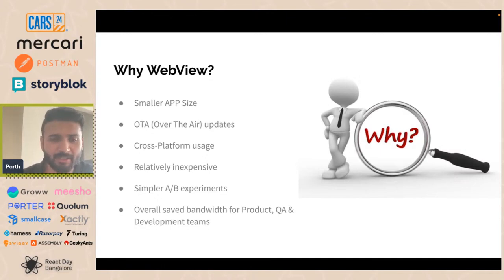Even if the frameworks are really evolved, even if there are so many different frameworks to choose from, I still think the core API which the OEMs provide works the best. And using all these things not only saves bandwidth for the engineers, but also saves a lot of bandwidth for the product people, for the QA engineers, and helps the complete development teams.